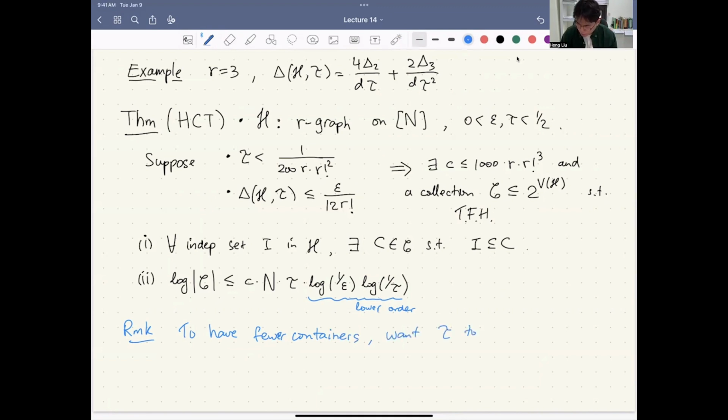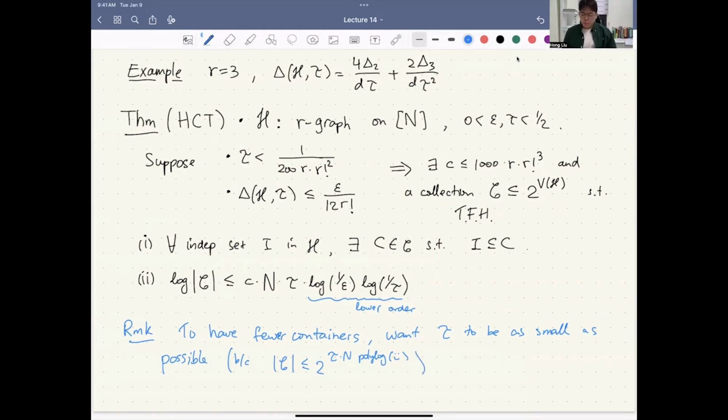Because the number of containers is roughly 2 to the tau times n, up to some polylog factor.